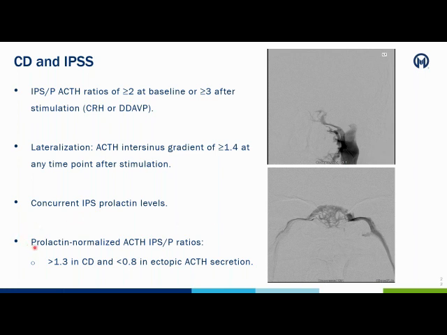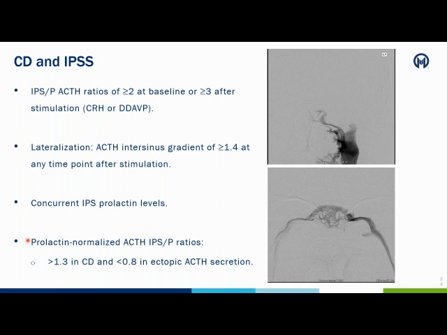The use of the prolactin normalized ratios has improved the accuracy of the IPSS, basically increasing our sensitivity and specificity, because the prolactin is used as a surrogate that we have our catheter in a good position, and that the blood being drawn from that IPS is accurate for the venous drainage of the pituitary gland.